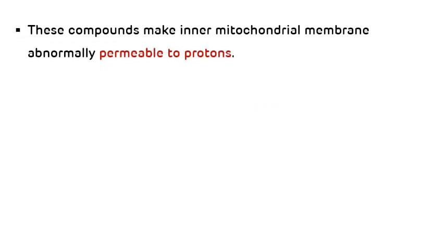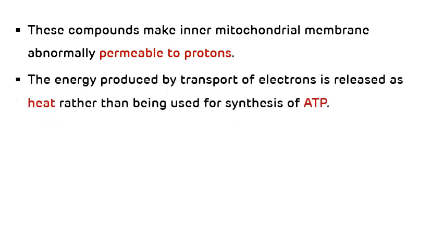As there is no proton motive force synthesized, the energy produced by the transport of electrons is released as heat, rather than being used for the synthesis of ATP. This is the mechanism of action of uncouplers of oxidative phosphorylation.